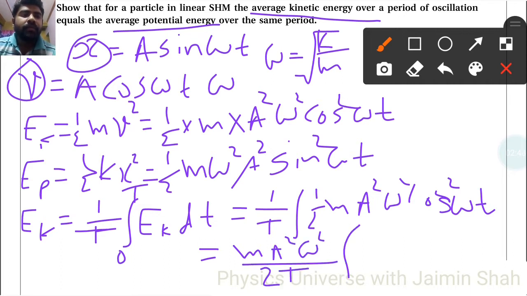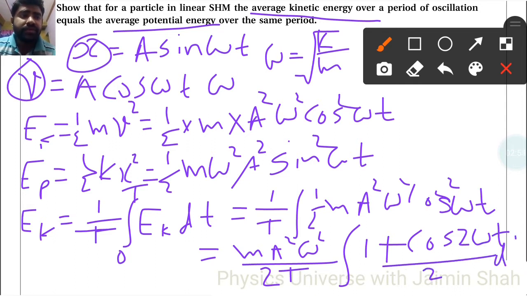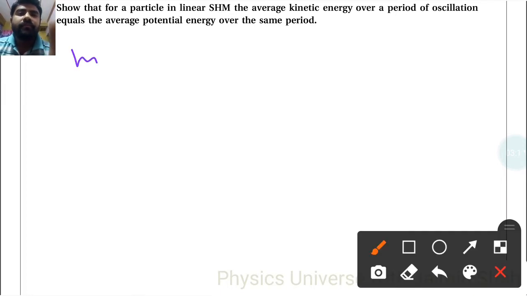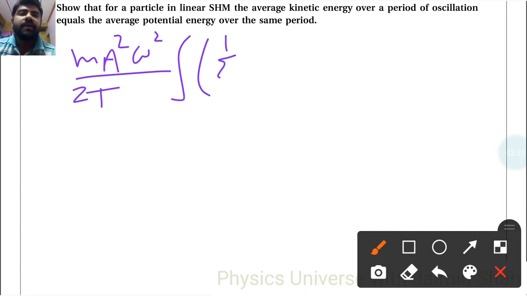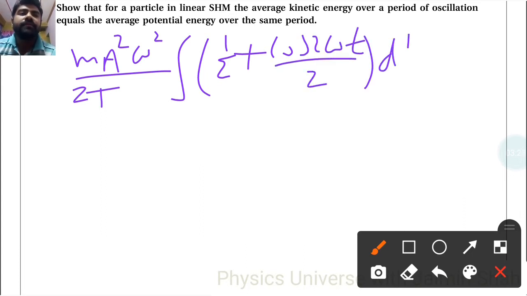Now cos square is nothing but 1 plus cos 2 omega t by 2, dt from 0 to T, right? So now we have to integrate that: m a square omega square upon 2T, integration from 0 to T of 1 by 2 plus cos 2 omega t by 2, dt.